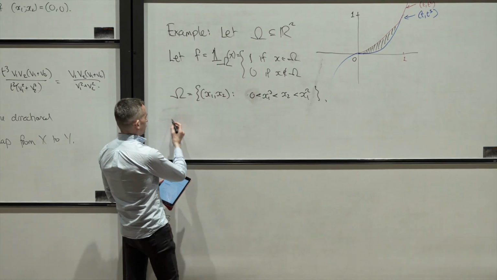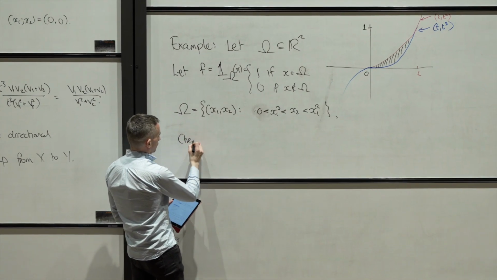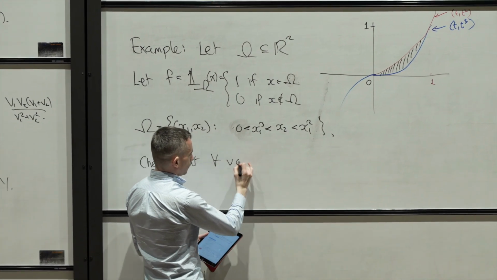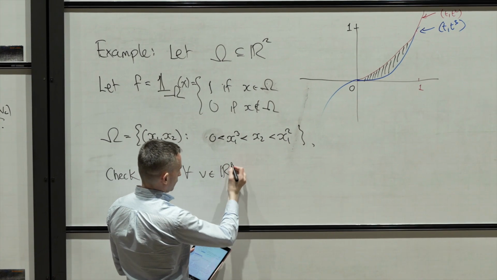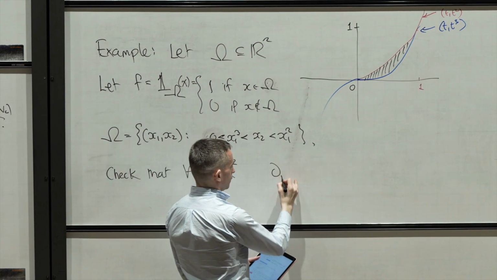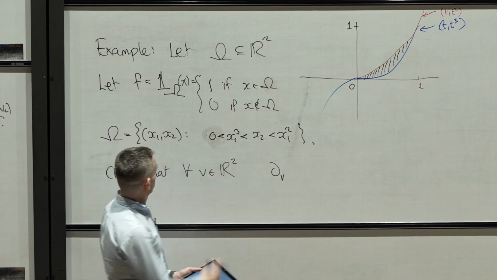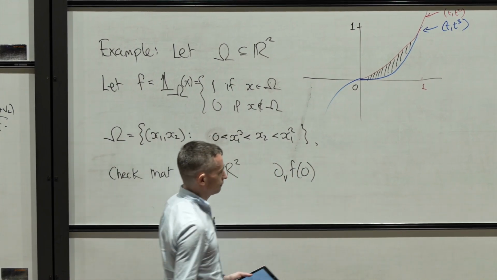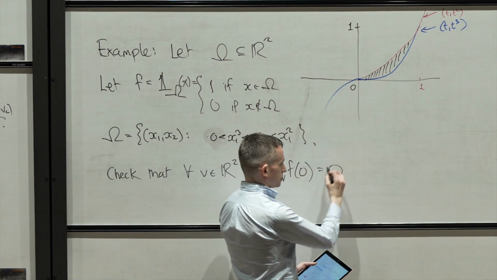And then the point is that you can check that for all v in R2, the directional derivative of this function f at 0 in the direction v is 0.